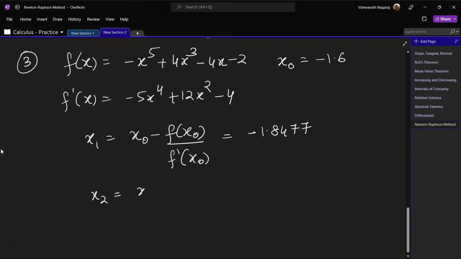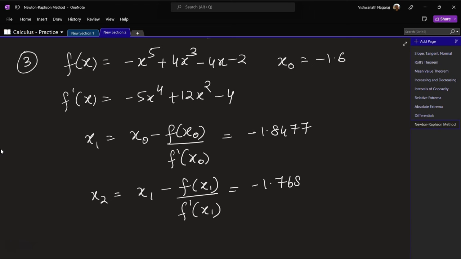Second time when we do this, we get x1 minus f of x1 by f prime of x1, which gives us minus 1.7682. So this is the zero of this function.